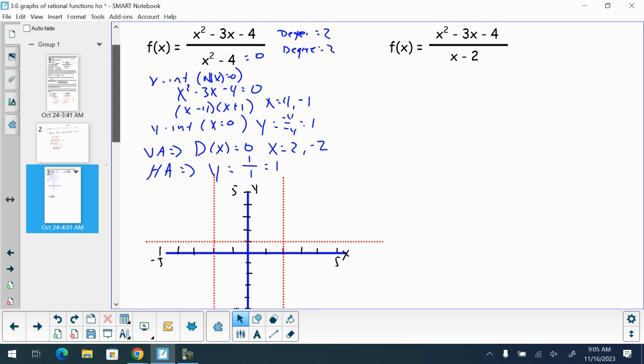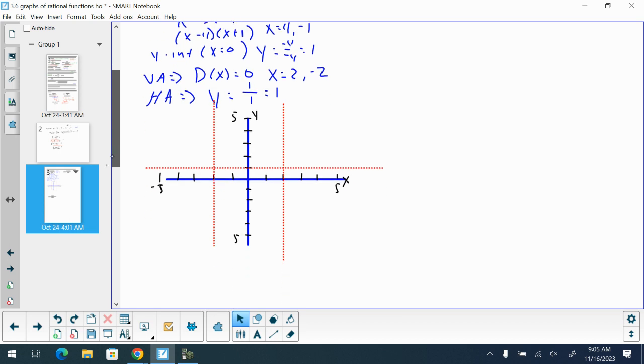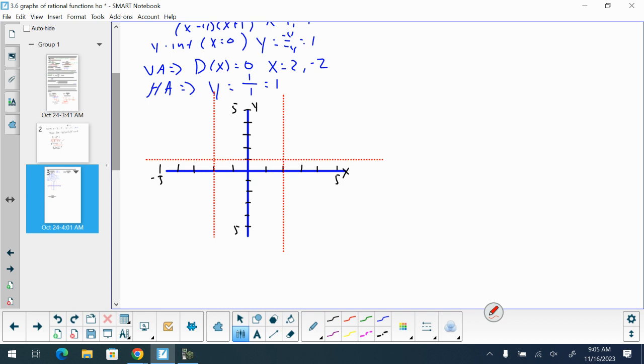There we go, 2, negative 2. Our x-intercepts occur at 4 and negative 1. And our y-intercept occurs at a value of 1.